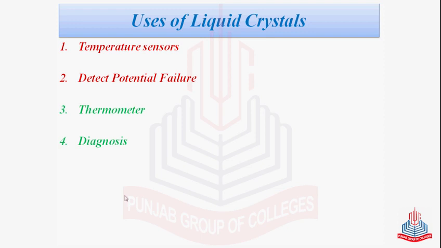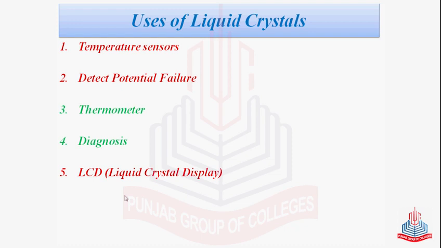For example, in order to locate breast cancer, a layer of liquid crystal is painted on the surface of the breast. A tumor shows up as a hot area which is colored blue, and this technique has successful use in the early diagnosis of breast cancer. Coming to the next important use, that is in LCD, that is liquid crystal display.